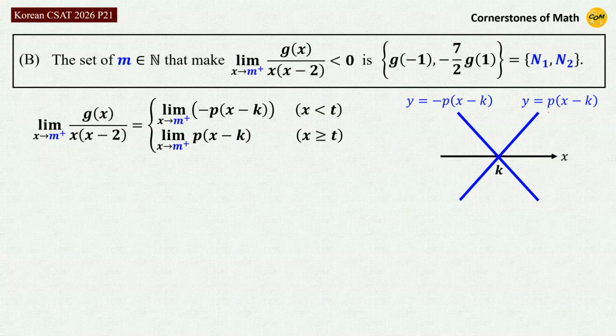So let us examine the graphs of these two linear functions. The value of the function becomes 0 at x equals k, the third root of the cubic equation f of x equals 0. The graph is split into two parts by x equals t, whose exact value is still unknown. So we have to divide the cases by the position of x equals t, hence its relation with k.